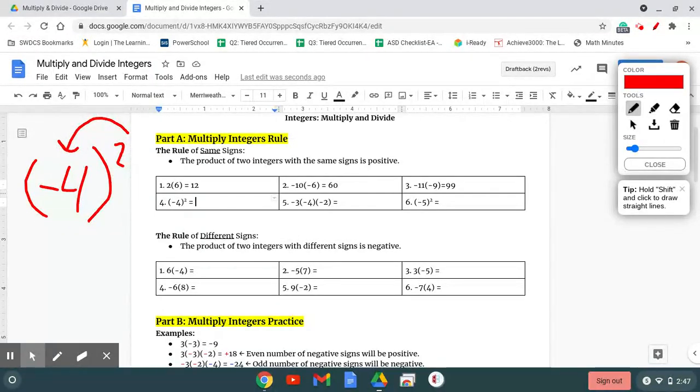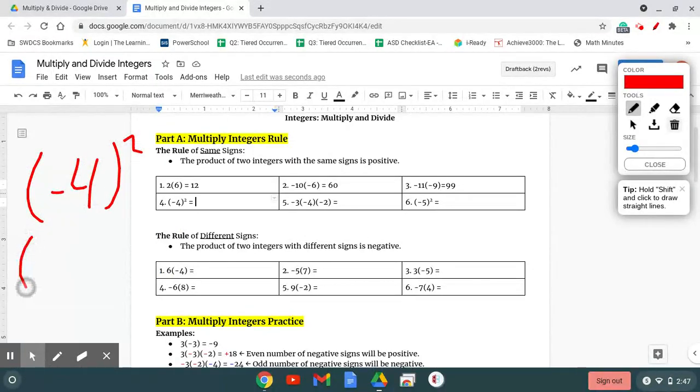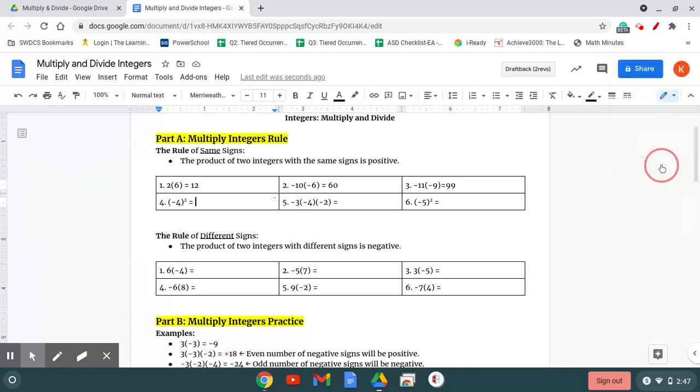So this is going to be negative 4 times negative 4. So this is back to the problem like we had before. 2 negatives make a positive, and then what's 4 times 4? 4 times 4 is 16. So your answer is positive 16.